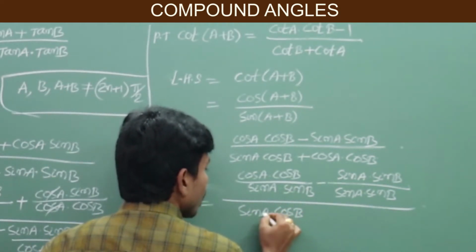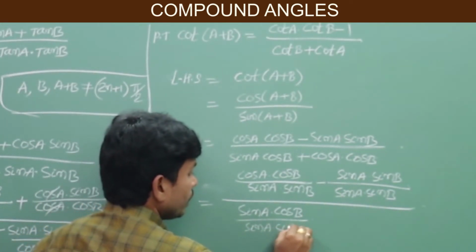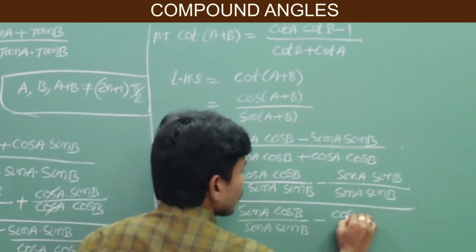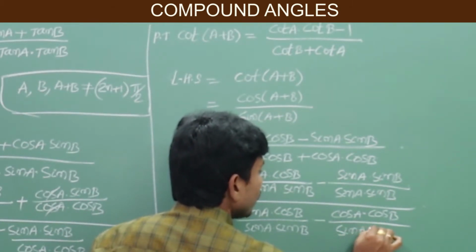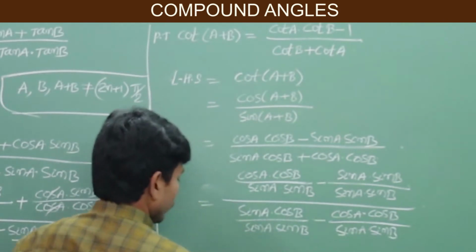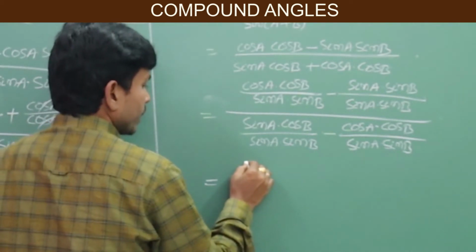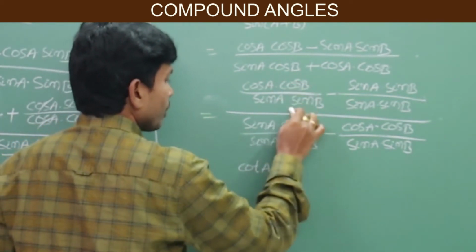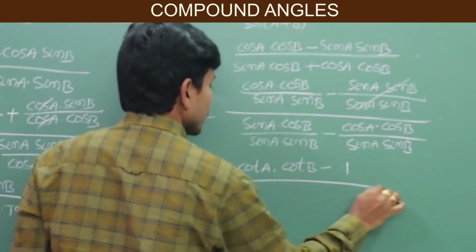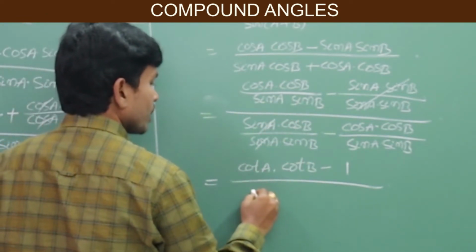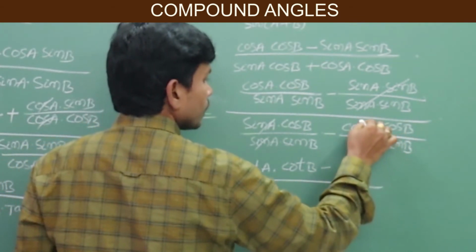So sin a cos b by sin a sin b minus cos a cos b whole by sin a sin b. Now you take it: cos a by sin a, you get cot a, cos b by sin b, you get cot b minus the entire value, whole by sin a cancels, cos b by sin b, cot b minus cos a by sin a.